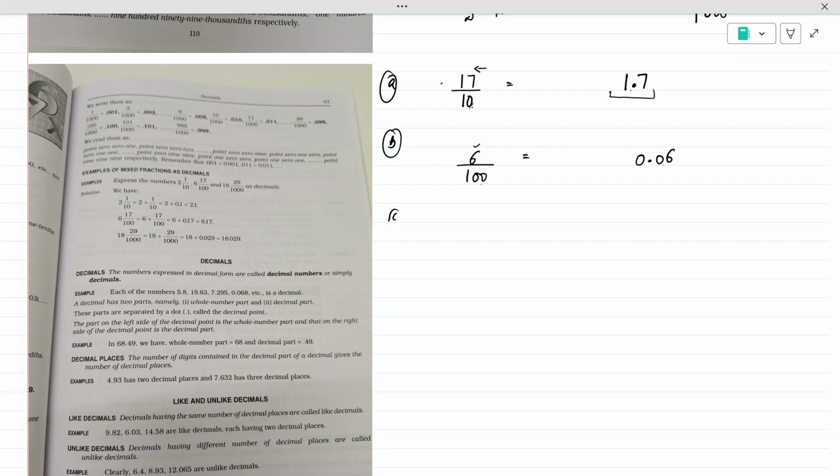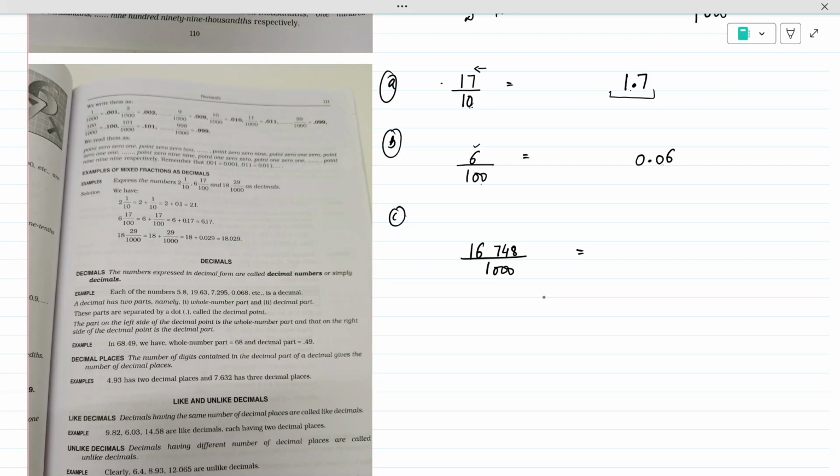Now let us take more examples. Let me take 16,748 divided by 1000.